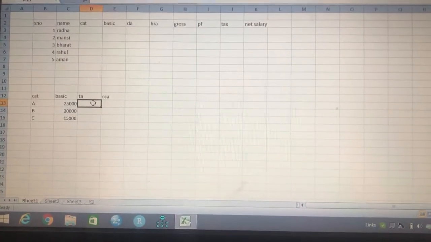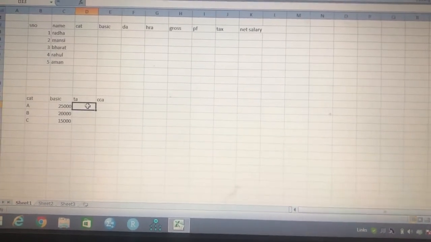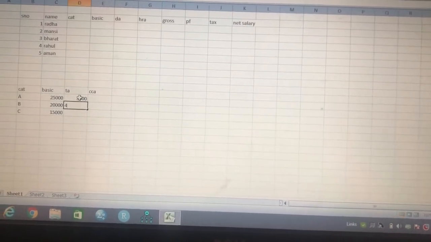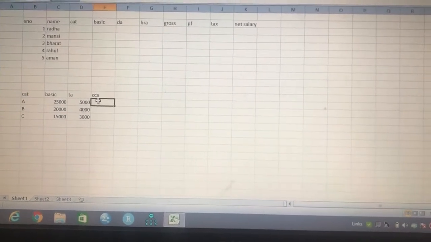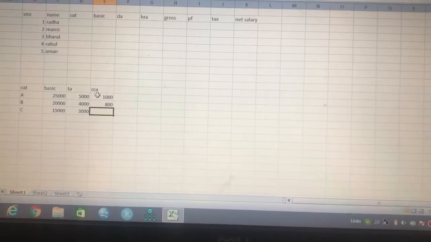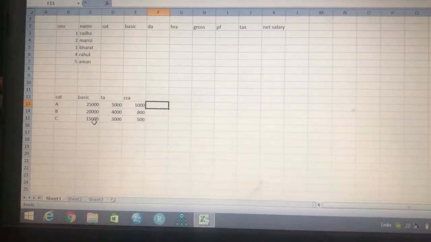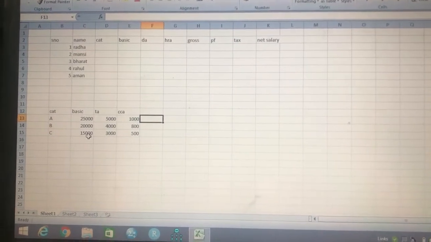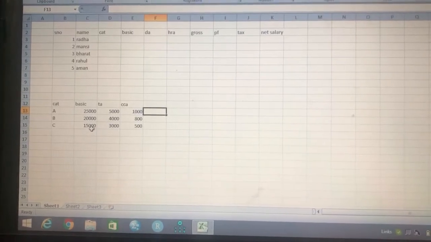TA stands for traveling allowance and CCA is a compensatory allowance. They have given certain values for them as well, like 5,000. So basically what we have done is we have created 5 names, and we have also created the categories here with different basic, TA, and CCA given to us.